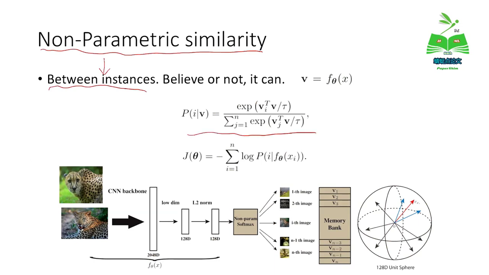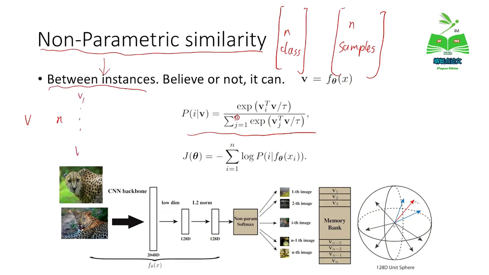So let's expand it a bit. Now here the n is different. Previously we had n classes. Now it's n samples. So given a v, we need to compare n samples, v1 to vn, so it compares to all of them. Given the v, it represents the probability corresponding to sample i.